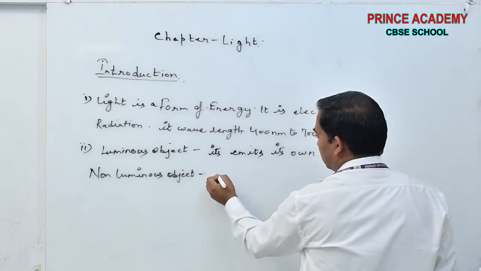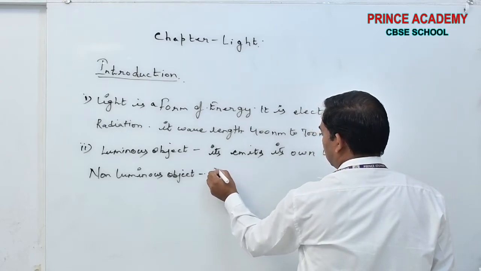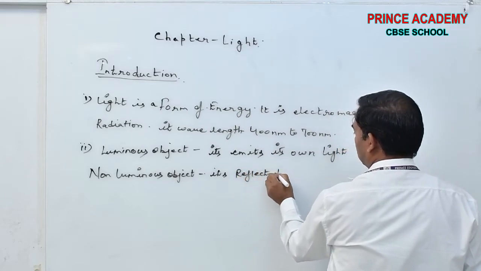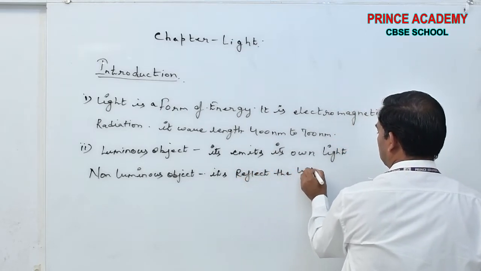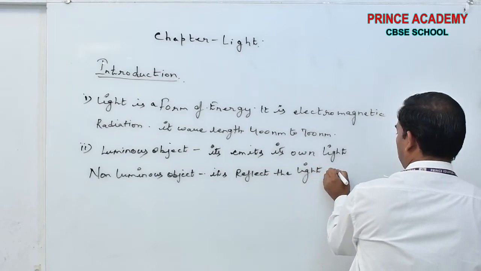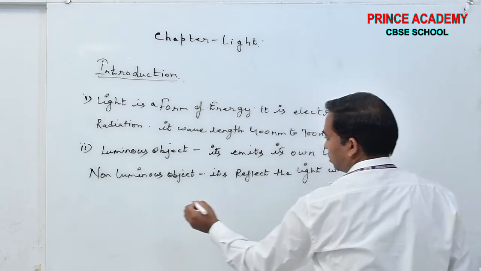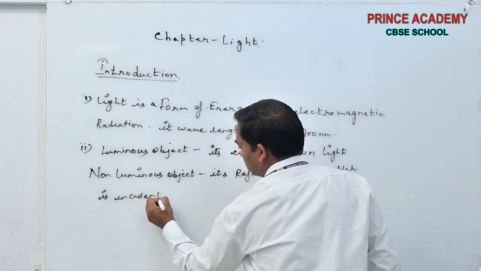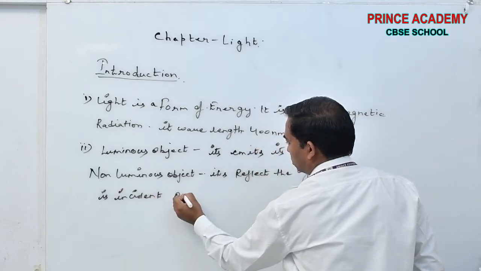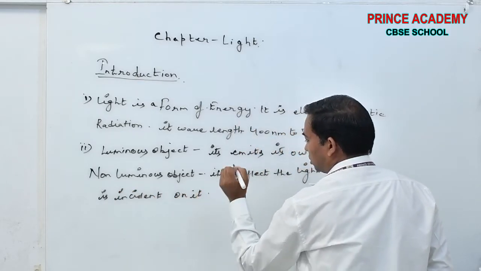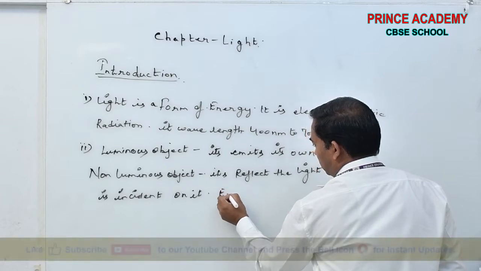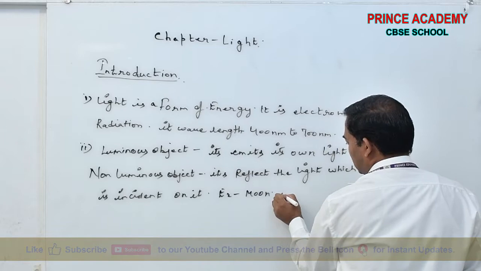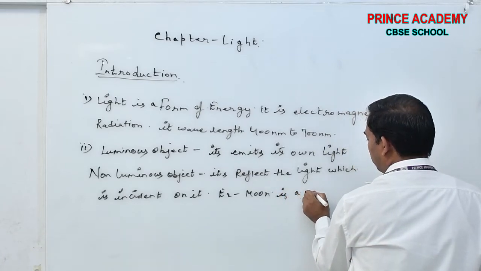A non-luminous object reflects the light which is incident on it. Example, the moon. The moon is non-luminous.